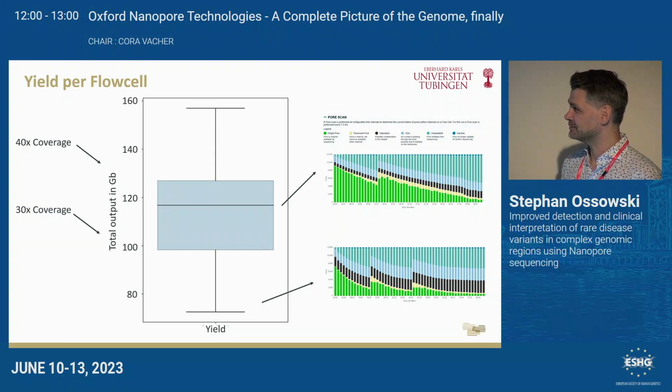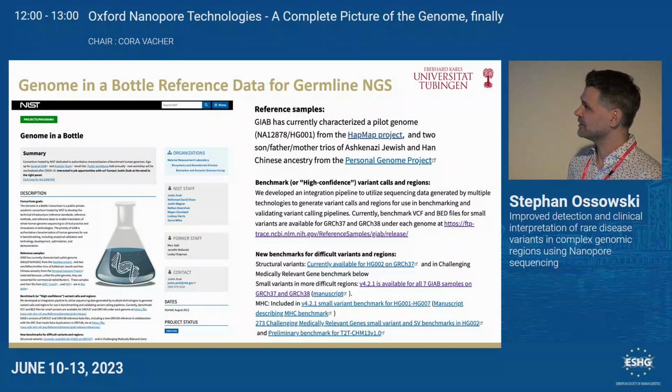That still happens. So Genome in a Bottle, just as an introduction, is a large project where the GIAB consortium has sequenced a few cell lines, 2 trios and 1 single index case, extremely deeply with all technologies.